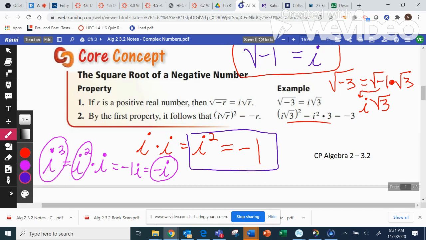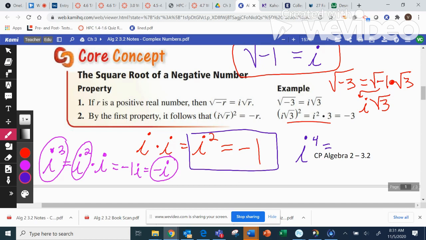Maybe somebody can get this next one. What's i to the fourth? Jaden, you got a guess? Okay. You just weren't writing anything, so I figured you knew it already.